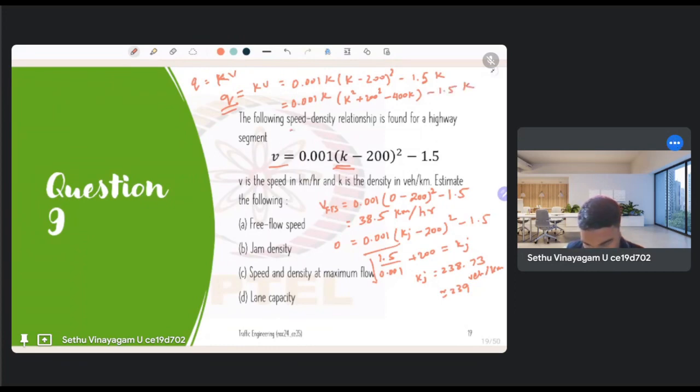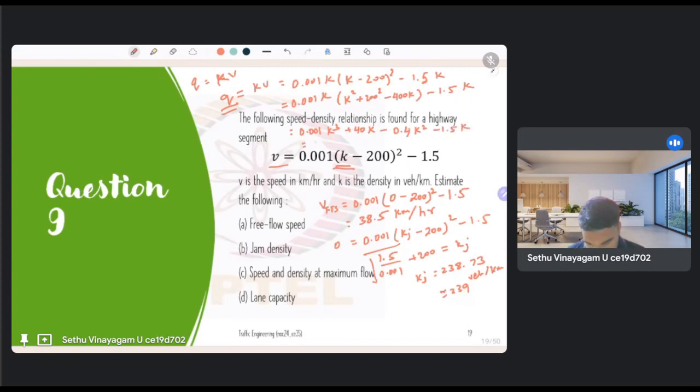Okay, so that would be 0.001 k cube plus 40k minus 0.4 k squared minus 1.5 k.